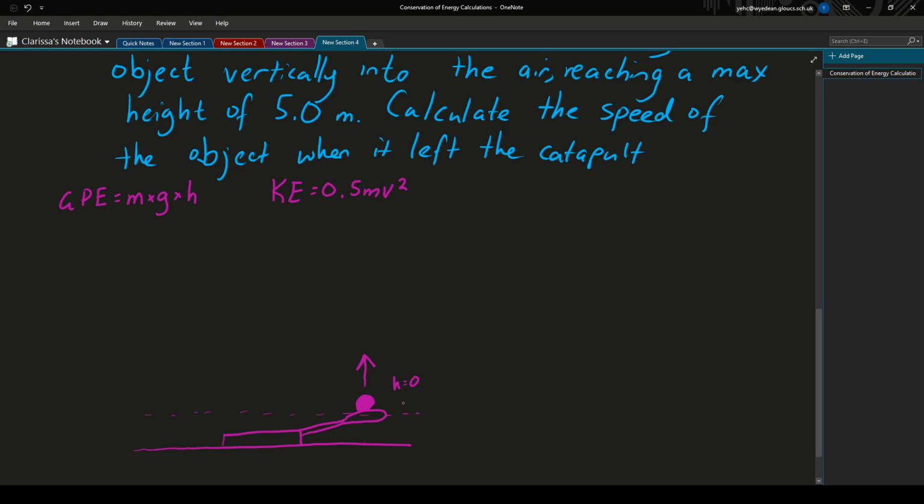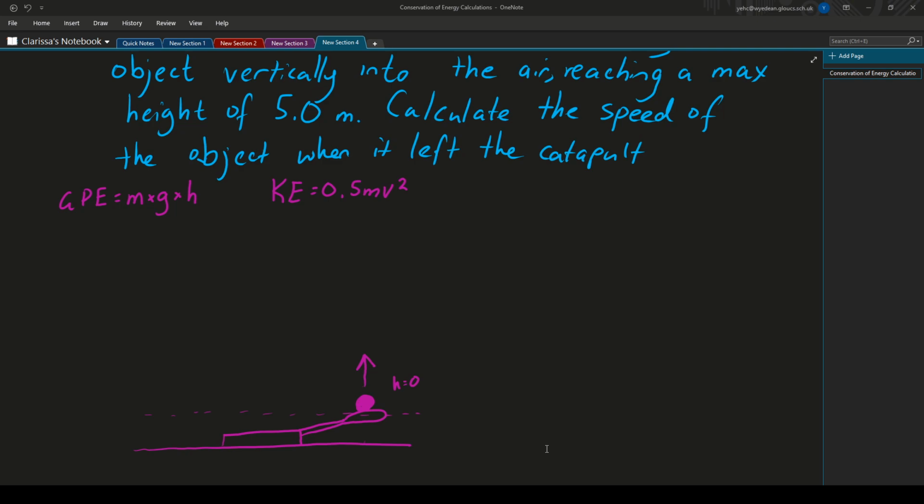So what do you think the gravitational potential energy is going to be at the very start? If you look at the equation for gravitational potential energy, you'll notice mass times gravitational field strength times height. Well, it's mass from the question.